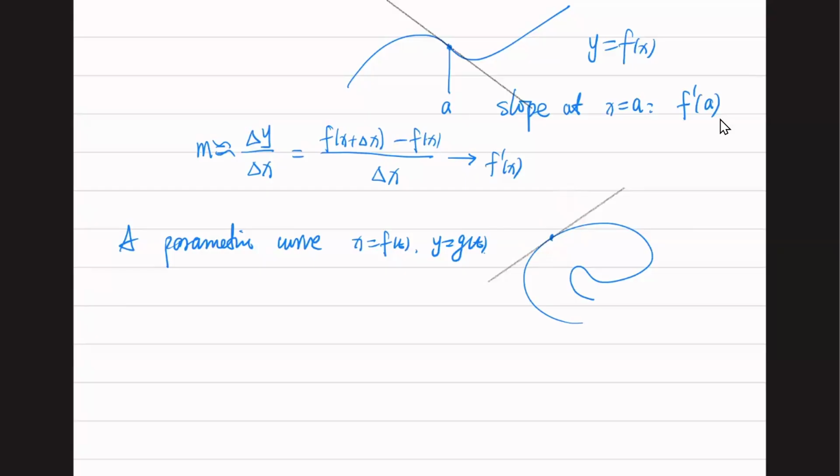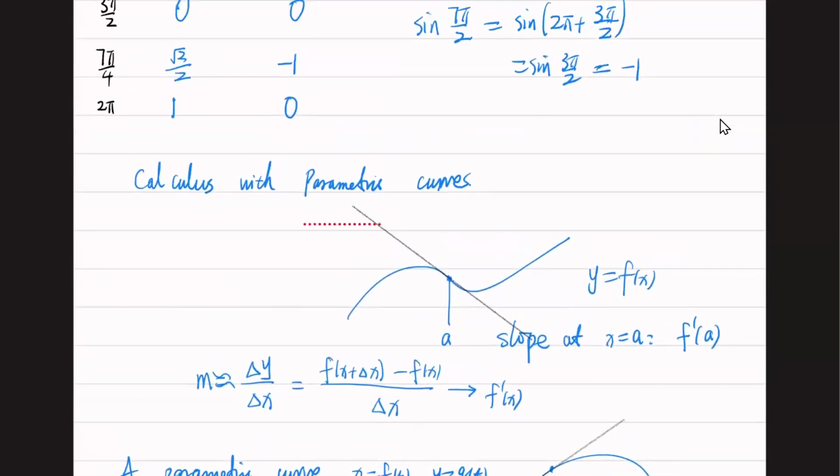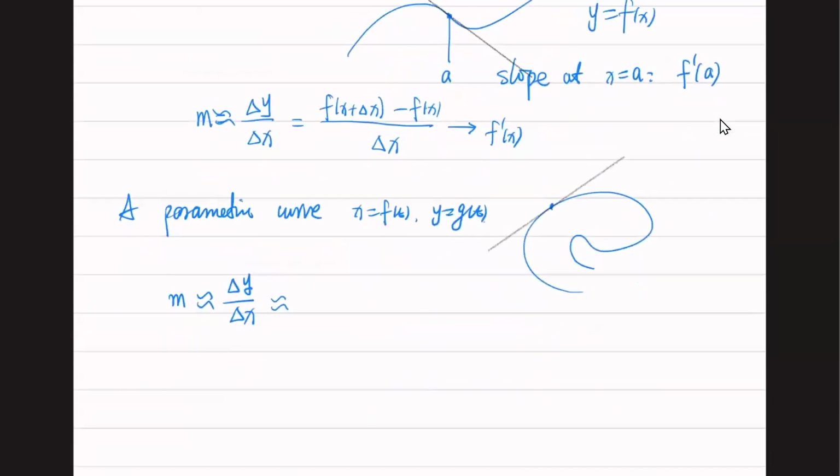Okay, so it should be similar. The slope m is approximately the quotient of the increments. So how the point moves for this parametric curve happens when the parameter changes. So this is approximately the increment of y, where y in our case is g(t), and the increment of x is f(t).